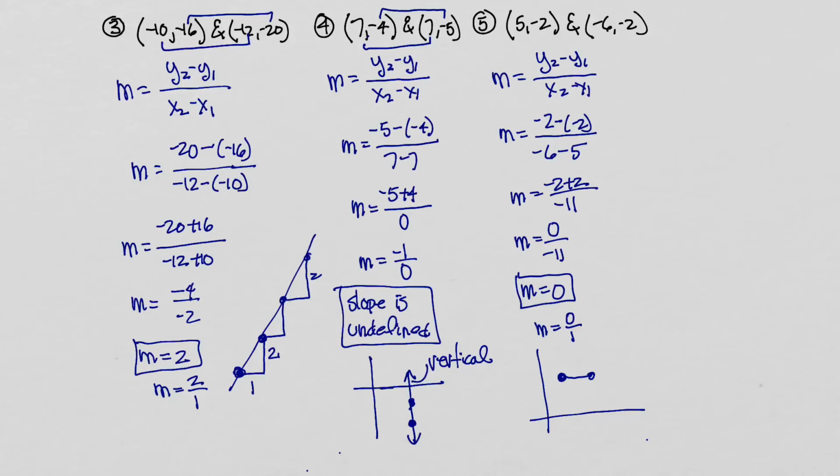So what we get is just this. Now that's a horizontal line. So all horizontal lines have 0 slope. All vertical lines have undefined slope. Any kind of a slanted line is going to have a non-zero number.